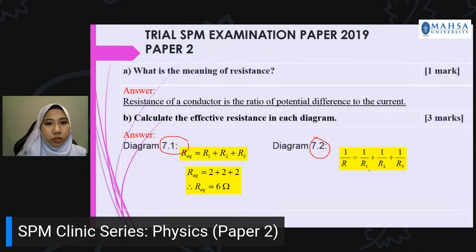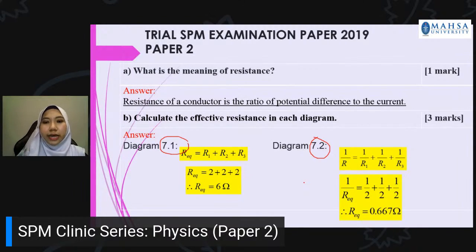Then substitute the value of your bulbs. Each bulb is 2 ohm. Substituting into the equation, the total or effective resistance for diagram 7.1 is 6 ohm. How about diagram 7.2? The total resistance of the bulbs in diagram 7.2 is 0.667 ohm.